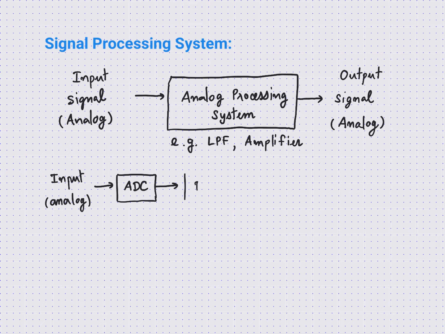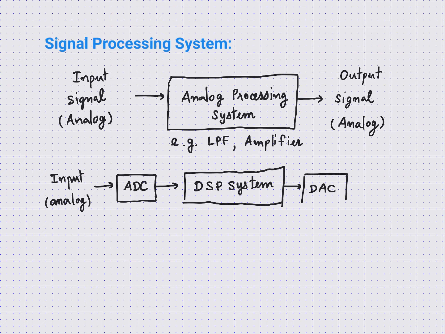Then we go to the digital signal processing system, which is a digital-based processing. You can look at it as a computer or a logic board, where it accepts the digital signal and the digital output is obtained. Then we have to convert this digital output into an analog signal.